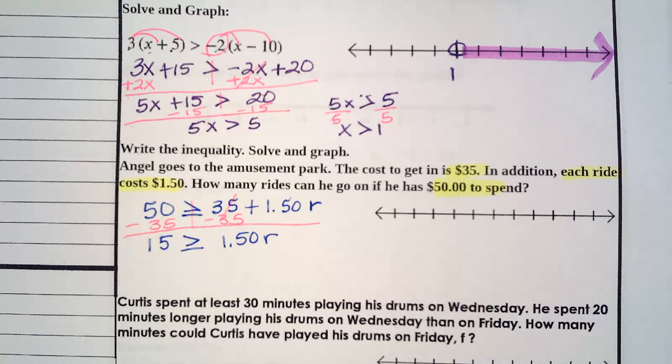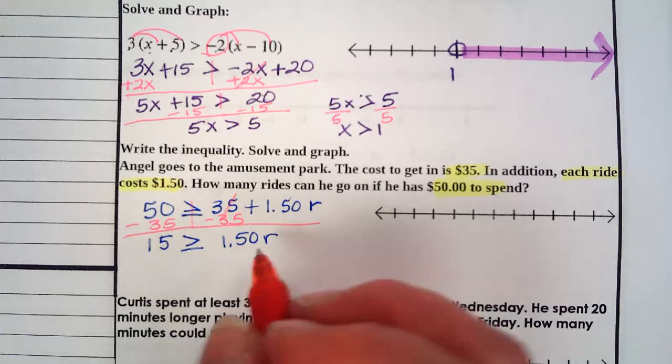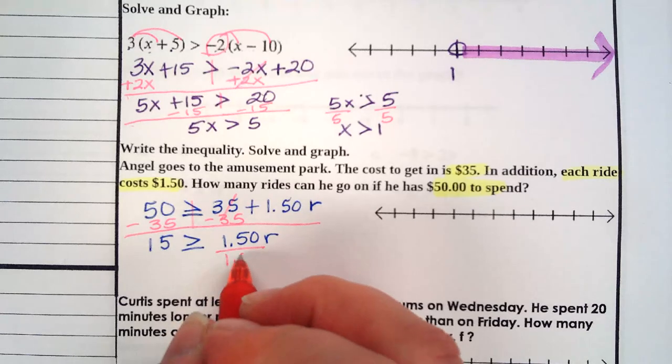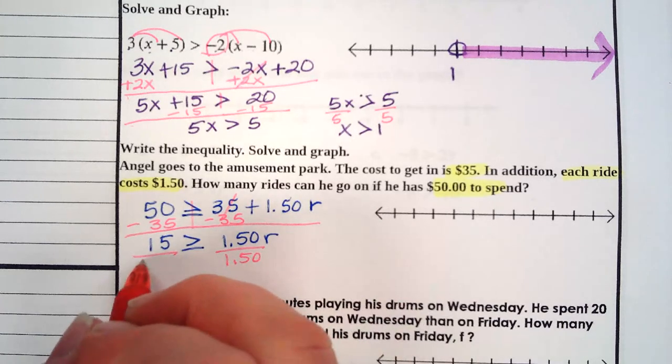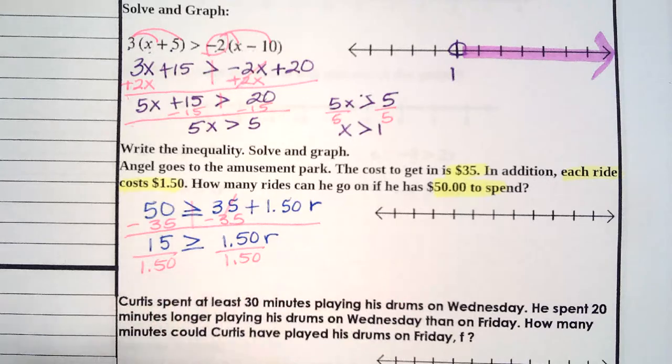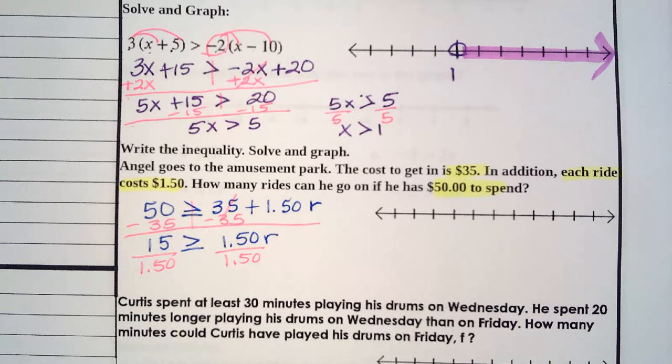What do we do now? We will divide by $1.50. Now, I think I know the number of rides. Do you?